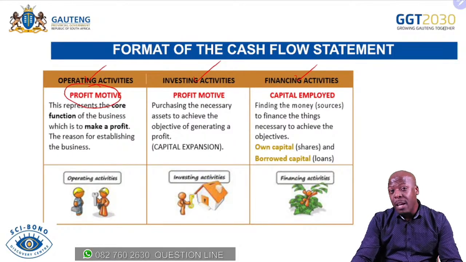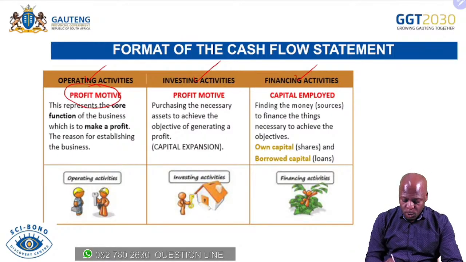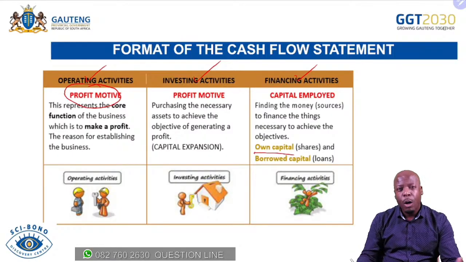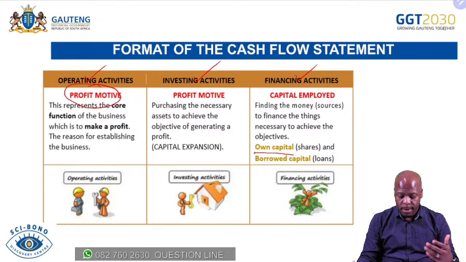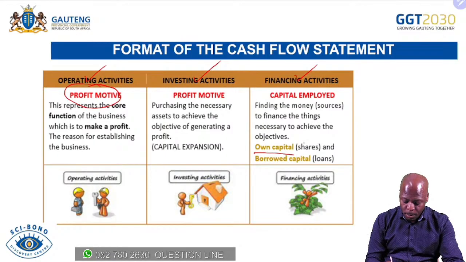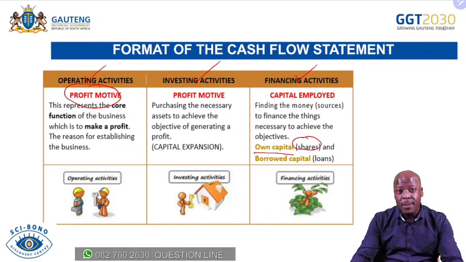There are two main sources of finance, very important for you to get this. The first source of finance is what we call own capital. This is our own capital, all right? And this is from the issue of shares. So own capital has to do with shares.